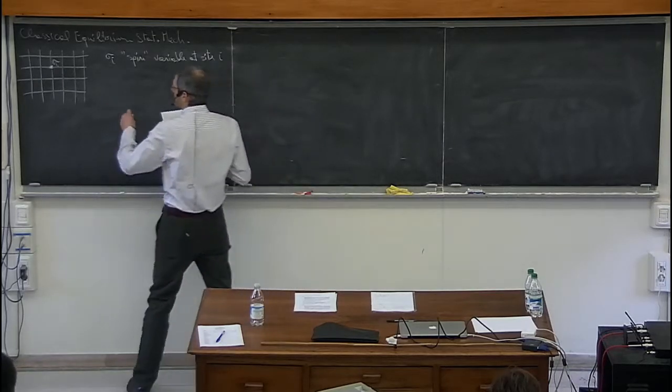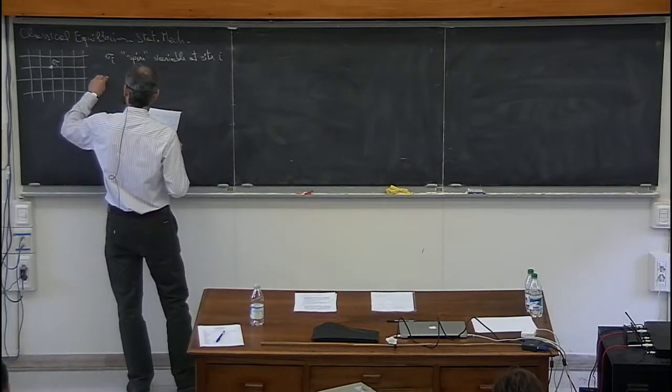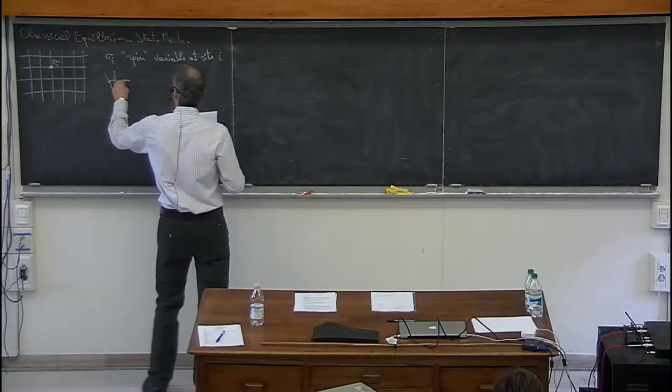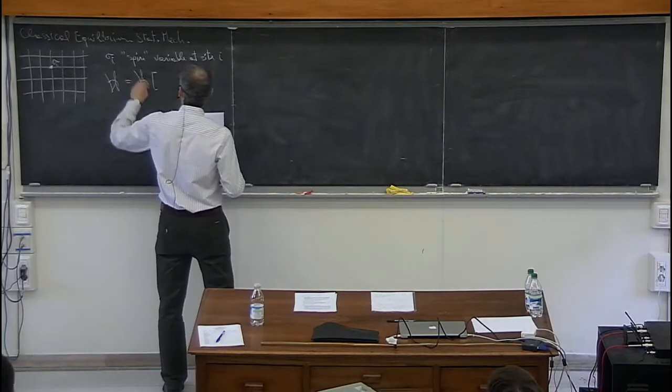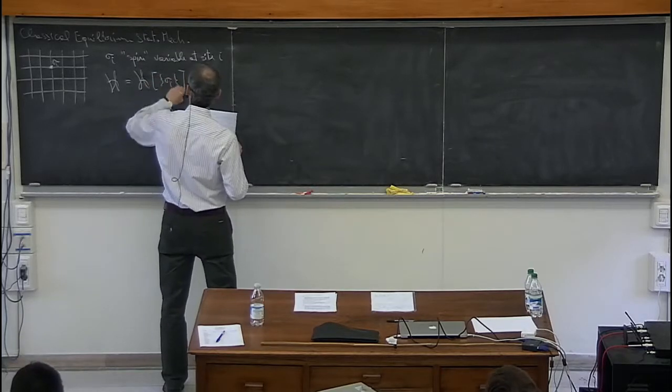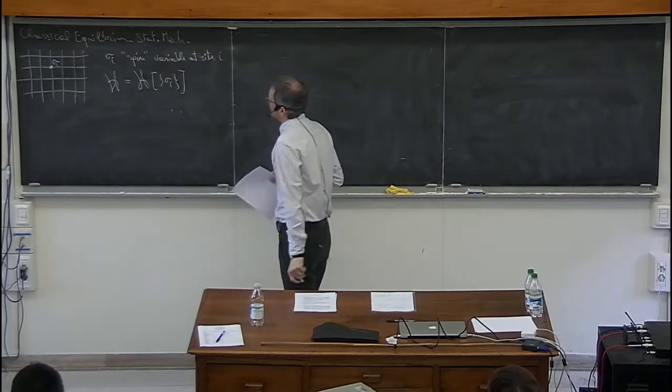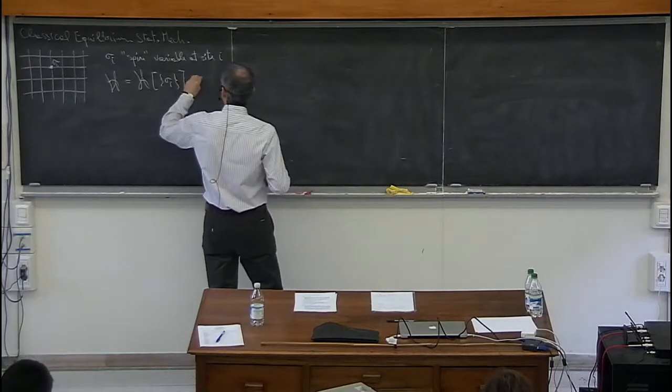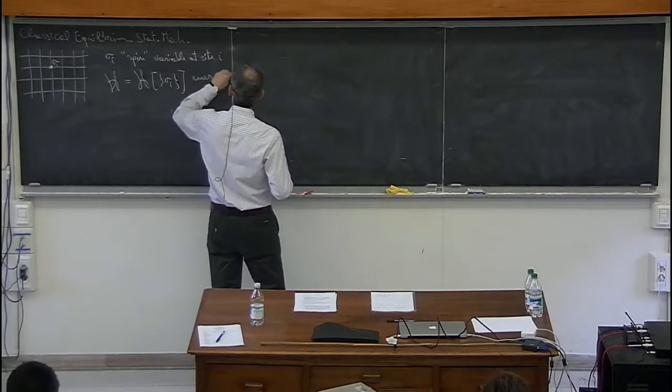Then the system is characterized by a Hamiltonian, H, which is a functional of the configuration of the system. So it specifies the energy of the configuration.